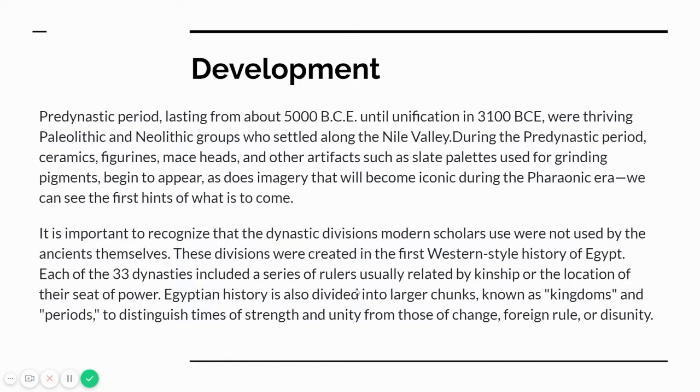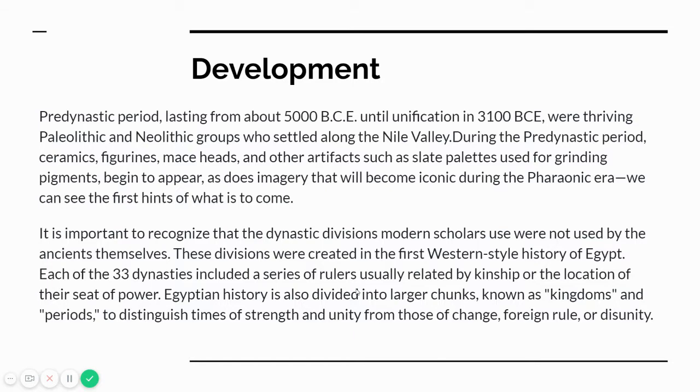It's a way for modern cultures to look back at ancient civilizations and categorize them. But it's important to know that these divisions were not how the ancients saw things and labeled things themselves.